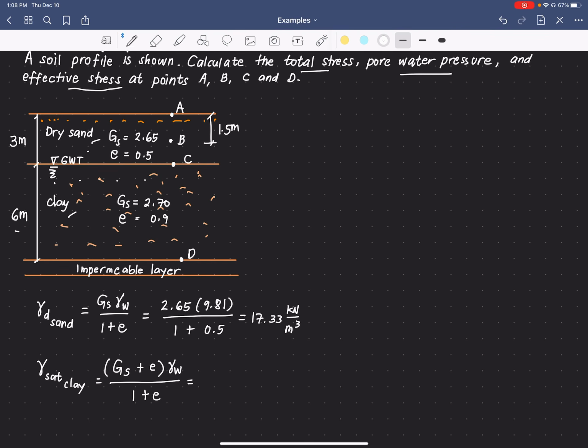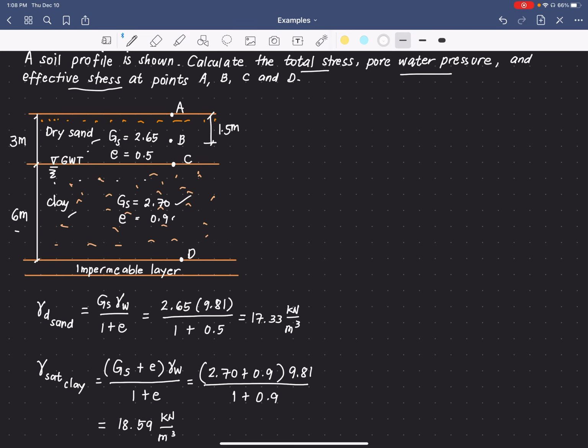Substituting values, the specific gravity of clay is 2.7 plus the void ratio, which is known to be 0.9, multiplied by the unit weight of water, all over 1 plus the void ratio of 0.9. So the saturated unit weight of clay can be solved as 18.59 kilonewton per cubic meter.